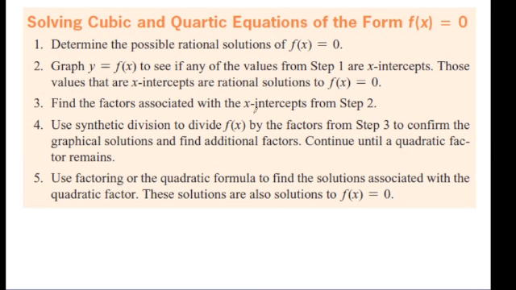Find the factors associated with those and do division by these to confirm the graphical solutions and find some additional factors. Continue doing the synthetic division till we get a quadratic factor, and then we can use factoring or the quadratic formula to find the rest of the solutions. Let's see that in practice.